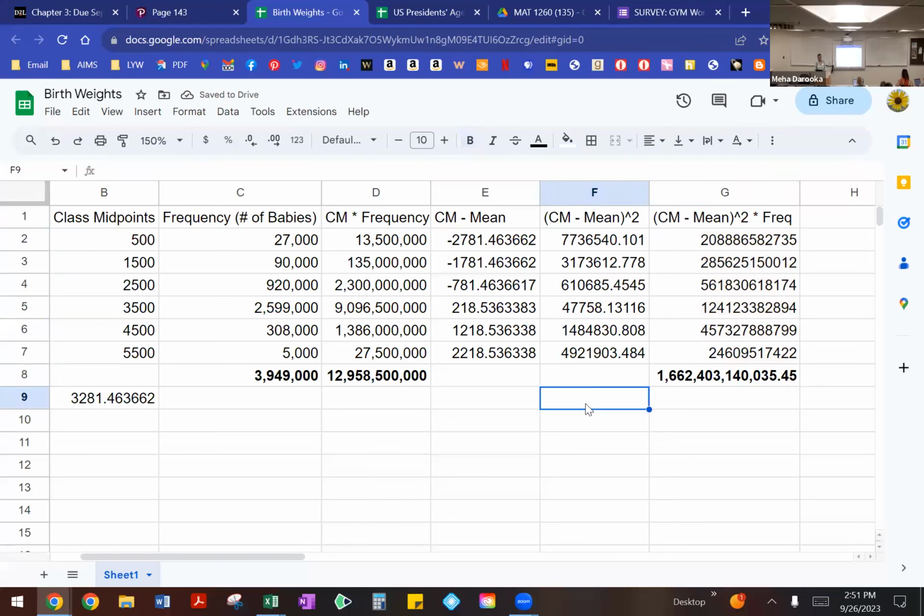That's a large number. As expected, because you've done the square and then you've multiplied it with frequency and then you got the total. So it's gonna be a pretty large number.